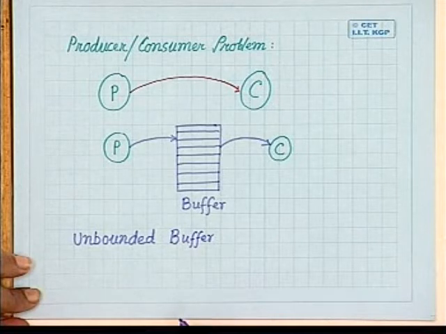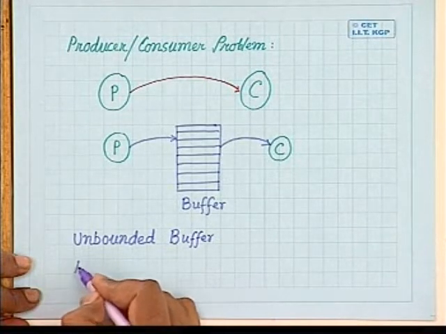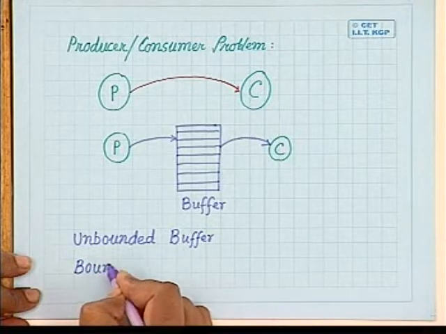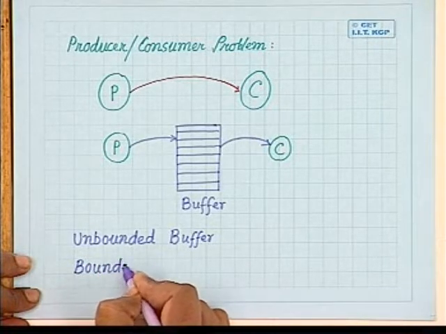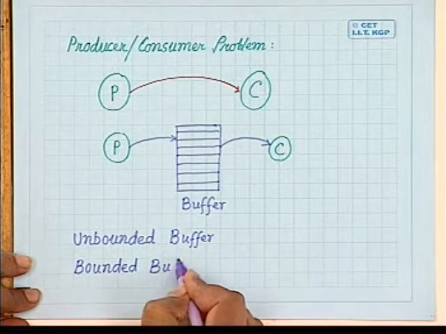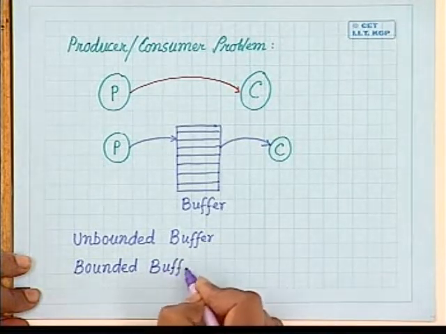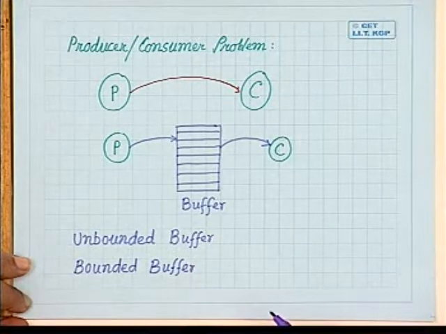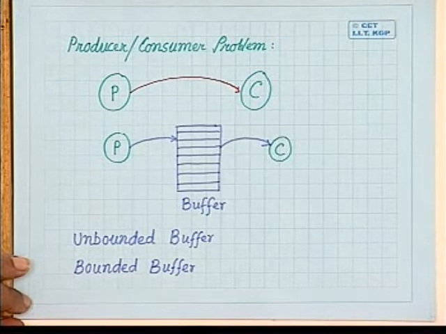And the second case is naturally the bounded buffer case. So you see that if we have unbounded buffer, then practically we don't face any problem, because at whatever rate the producer produces the items, there is always some space in the buffer to put that item.